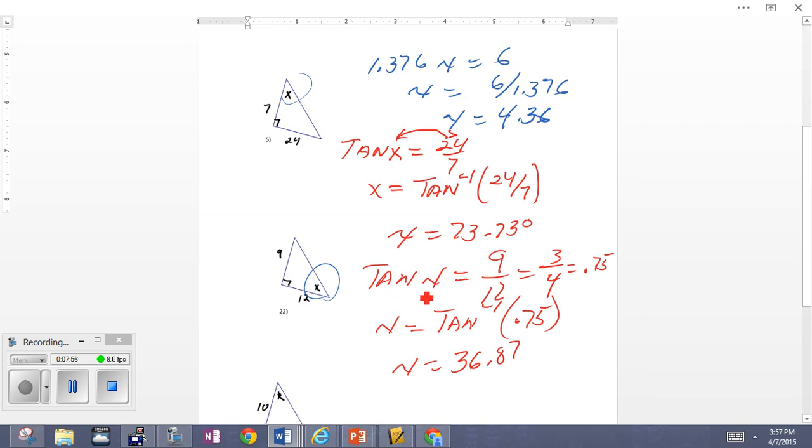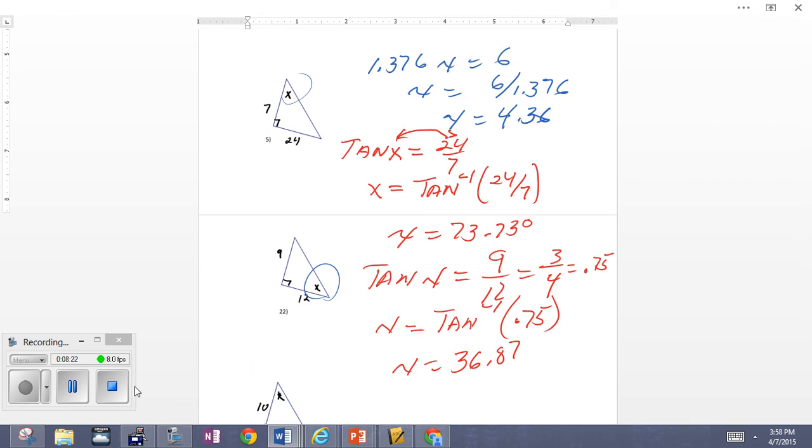The ratio we can reduce as a decimal if we could, or still put in as 3/4, as we saw in the previous problem, and that would give us the angle.